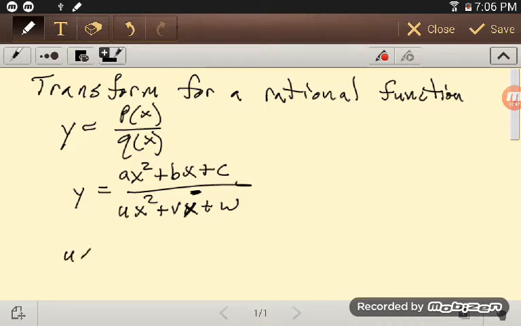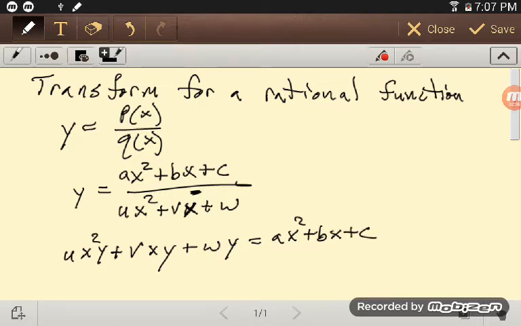u x squared y plus v x y plus w y is equal to a x squared plus bx plus c.